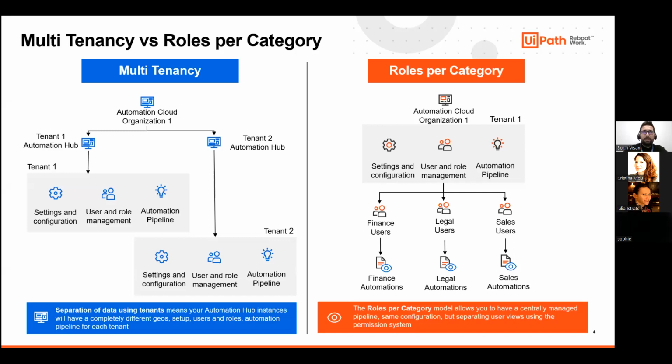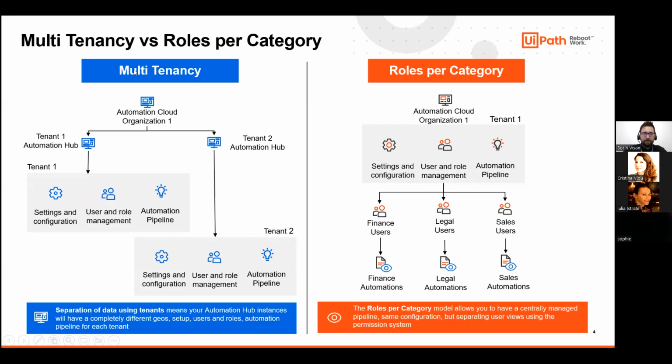That basically means that you're just leveraging the Automation Cloud tenants, and you can have Automation Hub services on those tenants. Now, let's see what the differences are in terms of configuration, and where we recommend, in terms of best practices, to use multi-tenancy versus single tenancy.